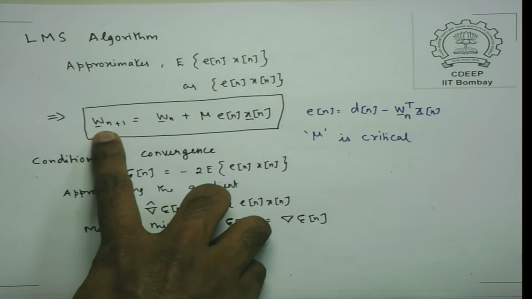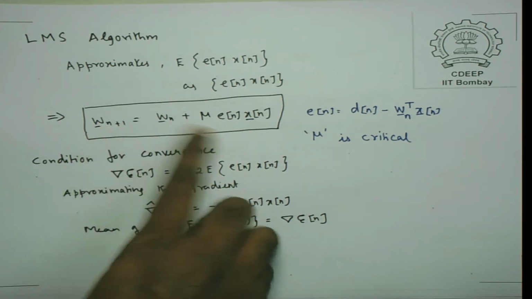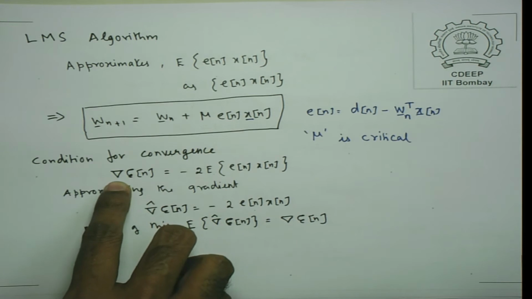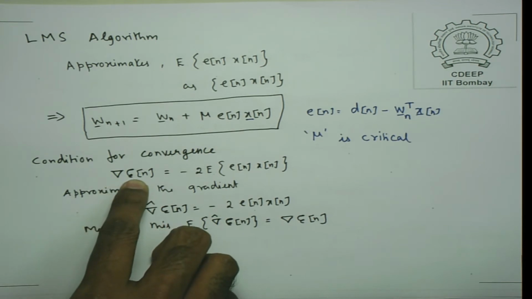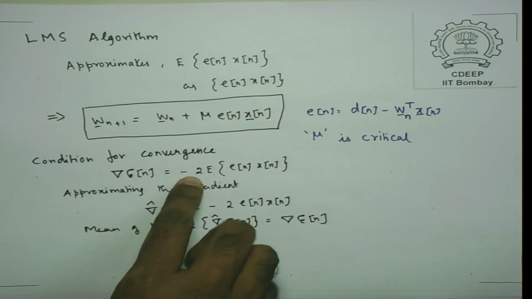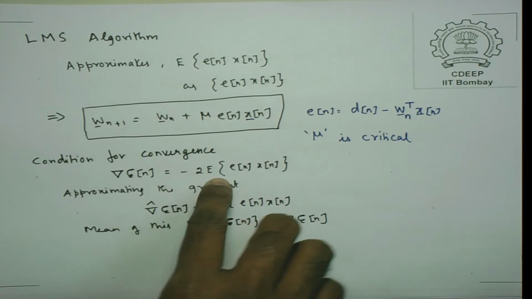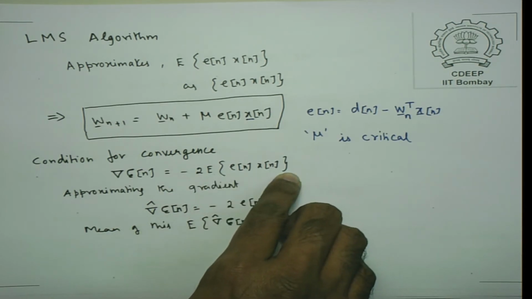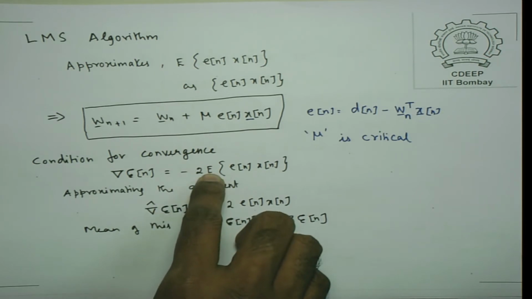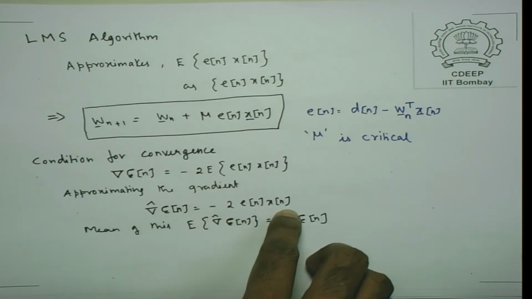To get this expectation of the weight updates, as you can see, it depends on this error. So, let us just look at what is the gradient of this error function. This error function is something which we have seen already. This is what we wrote in the previous slide. This gradient is essentially 2 times the expectation of this term here. So, in LMS we have approximated this gradient by just dropping this expectation and using this term here, right.